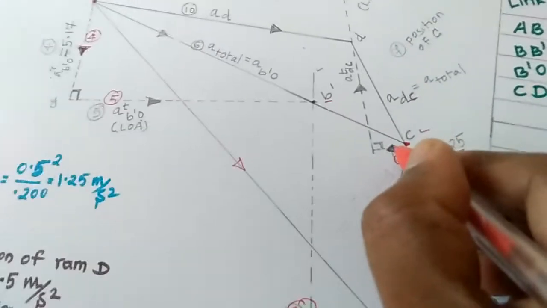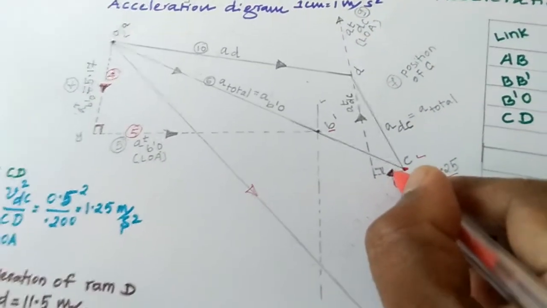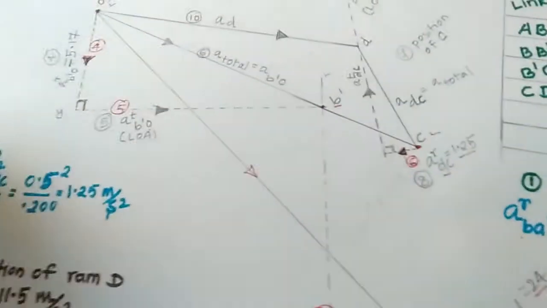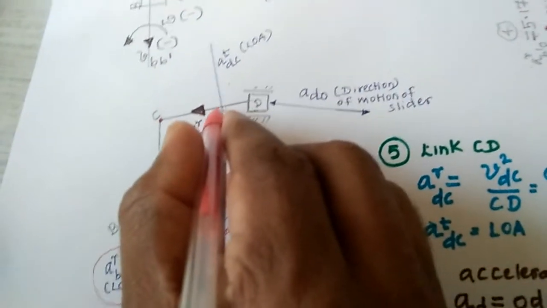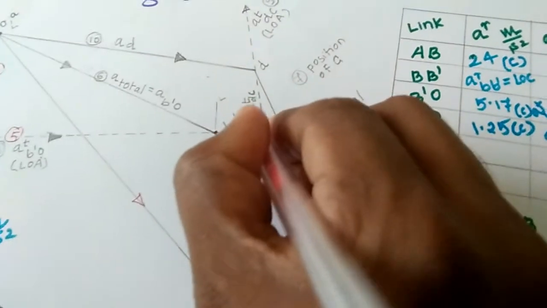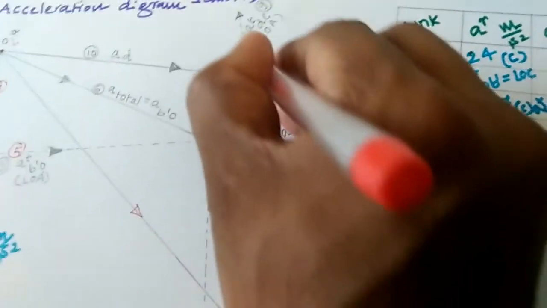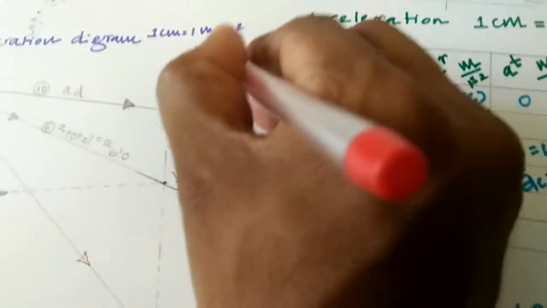Then perpendicular, that direction is this way, because radial is with respect to a fixed point, that is with respect to point C, and it is downward. Okay, this is 6. Then tangential also comes perpendicular to this; this is also a line of action.